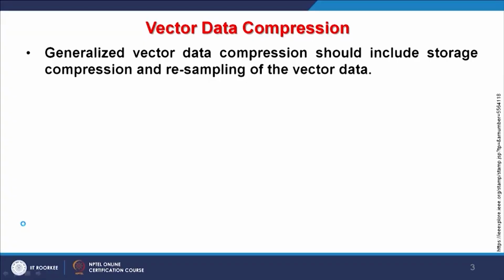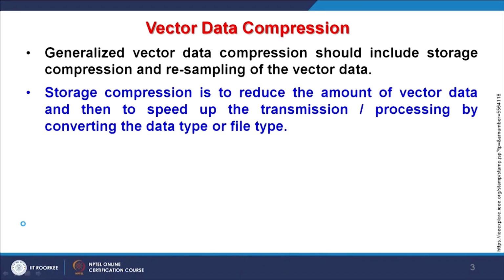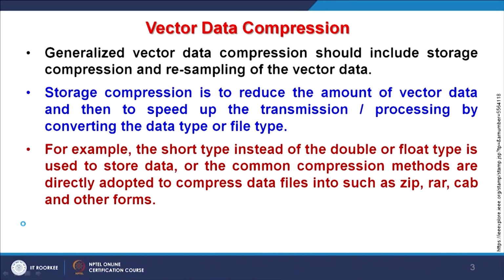Generalization of vector data should also include storage compression and resampling of the vector data. It will produce storage compression as well, because fewer nodes are stored in the system compared to the original data set.